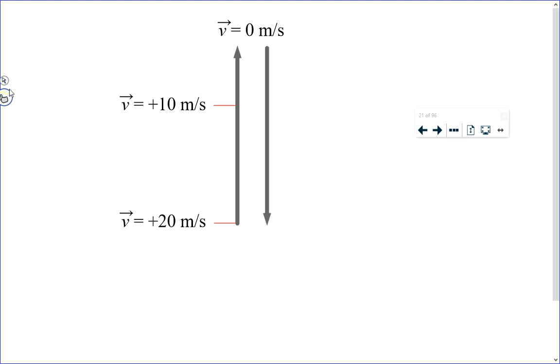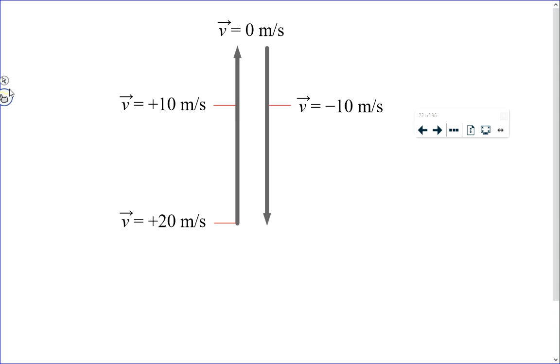Sometime later, it's going to be moving up at 10 meters per second. And then sometime later, it's going to stop. Don't worry about the spacing of these. The basic idea is that the spacing between 20 meters per second and 10 meters per second is greater because during that interval, it would have been traveling faster, covering a greater distance. Doesn't matter though.